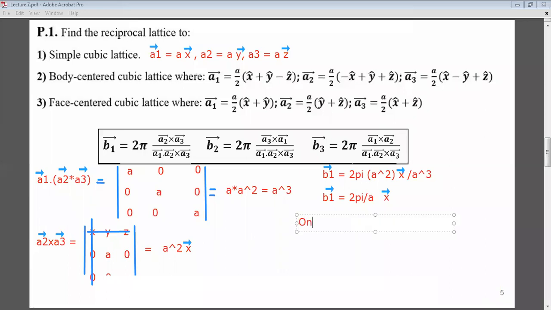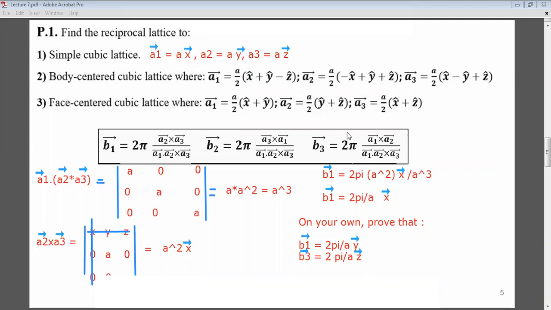So on your own, prove that B2 is 2 pi over A in the direction of Y, and B3 is equal to 2 pi over A in the Z direction. You can do this on your own before you look at the solution, because in the coming slide, you can find the full solution, but I advise you to do it on your own.